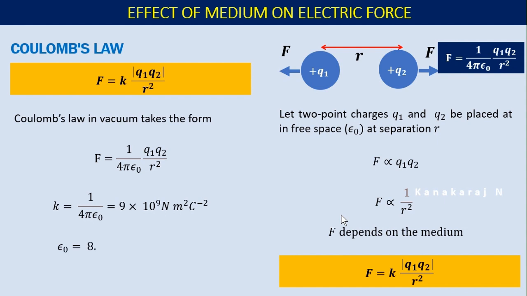So epsilon naught is the permittivity of free space. Its value is 8.85 into 10 power minus 12 Coulomb square Newton power minus 1 meter power minus 2.